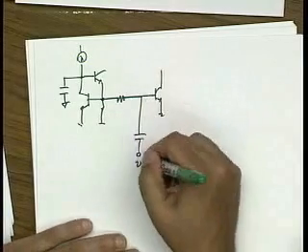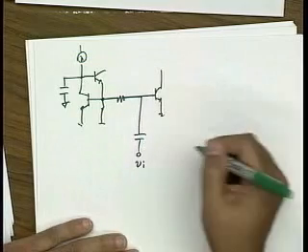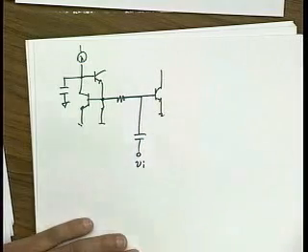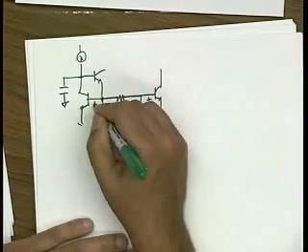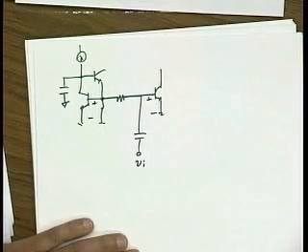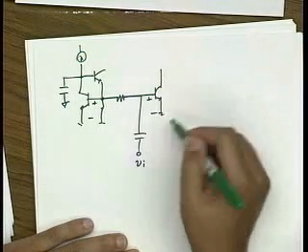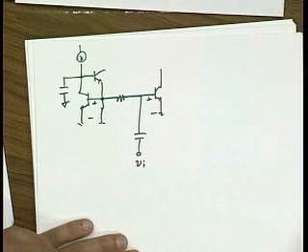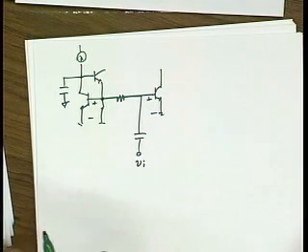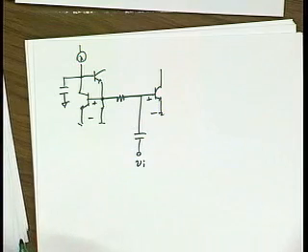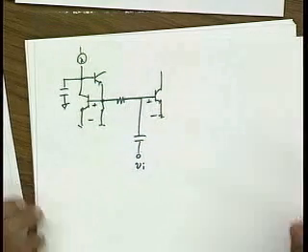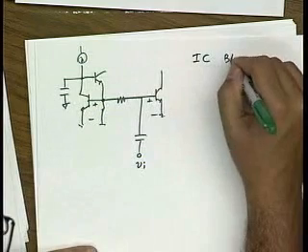As I increase the magnitude of this signal, the average voltage here has to equal the average voltage here, and that would tend to stabilize the bias. Okay. Now, this is an IC biasing scheme.